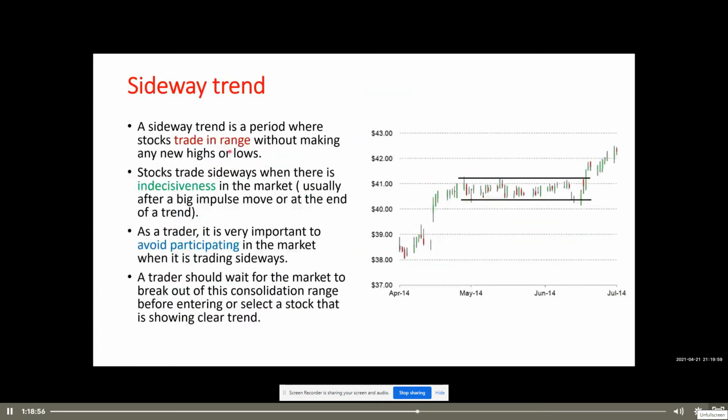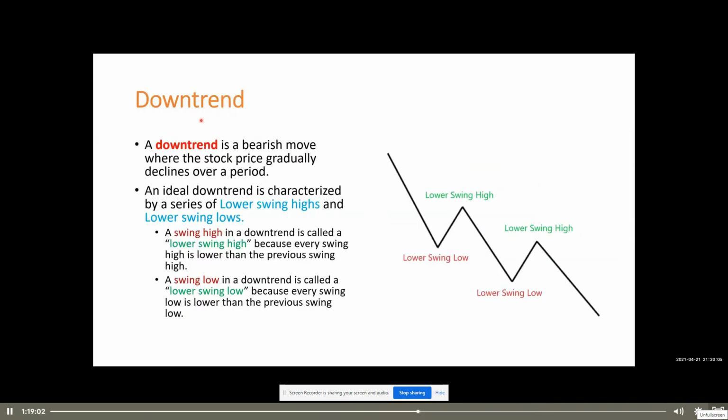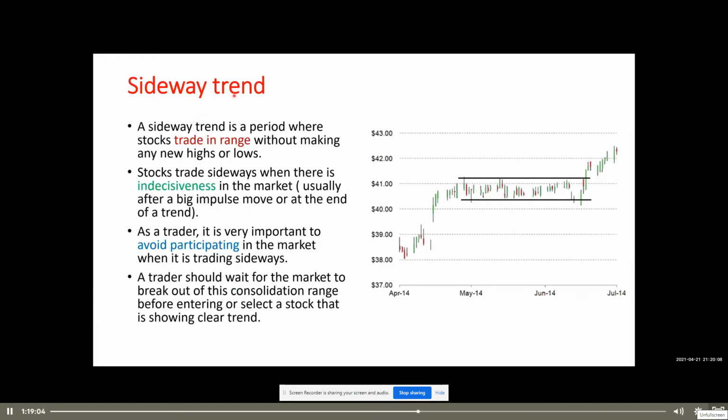All right. This is the most important slide: sideways trend. Even if you don't understand the uptrend and downtrend, those are easy concepts, easier to grasp. Sideways trend is most important in my opinion, right? So what is the sideways trend? A sideways trend is a period where stocks trade in range without making any new highs or lows, right?